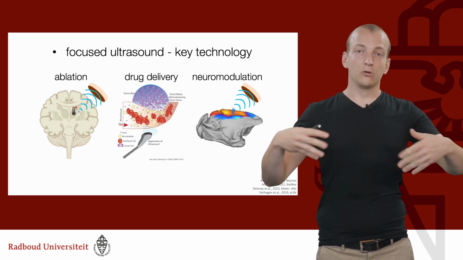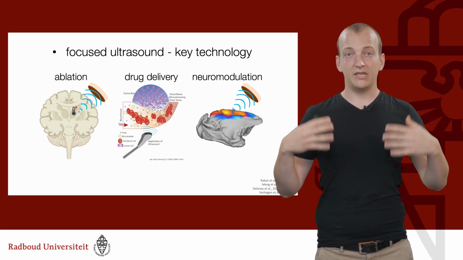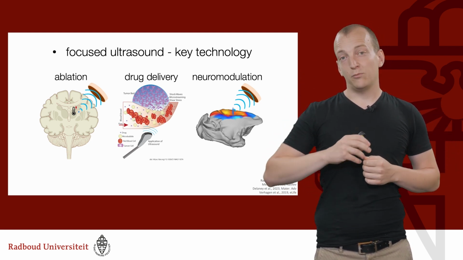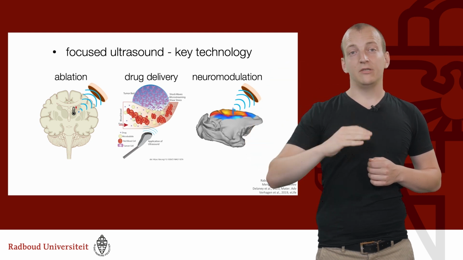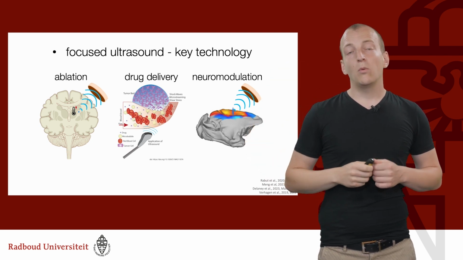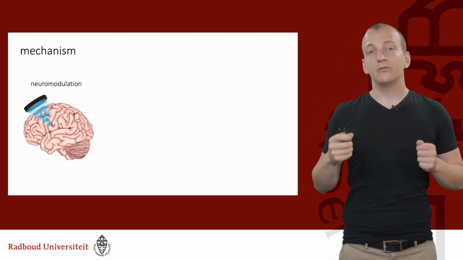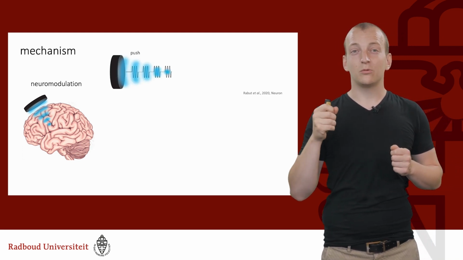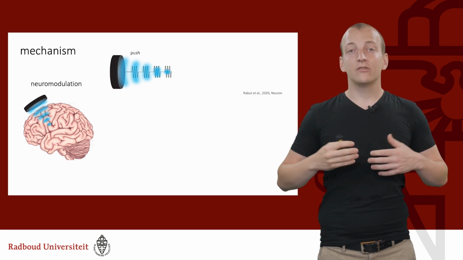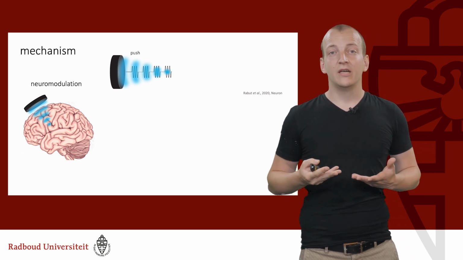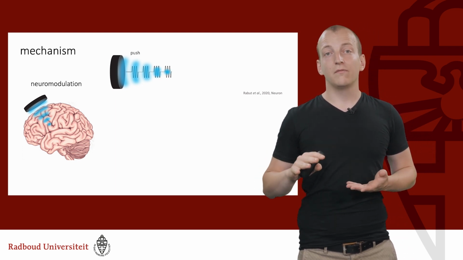So the ultrasound energy was delivered continuously over time, and that will lead to a high level of thermal rise with respect to the mechanical effects. But what we can also do is use TUS to give short repetitive pushes. So we switch on and off the ultrasound waves, and this leads to delivery of mechanical energy and reduces the amount of thermal energy.